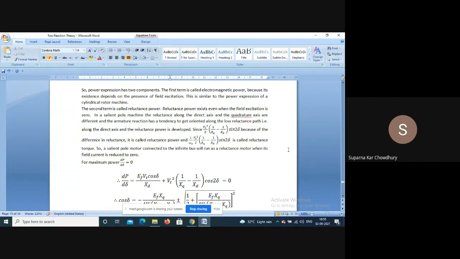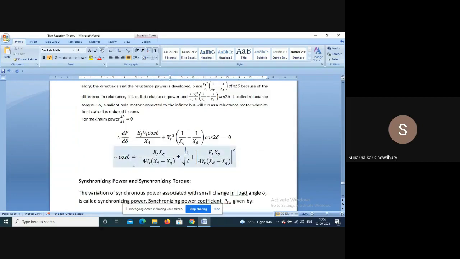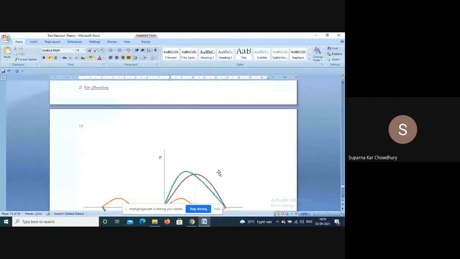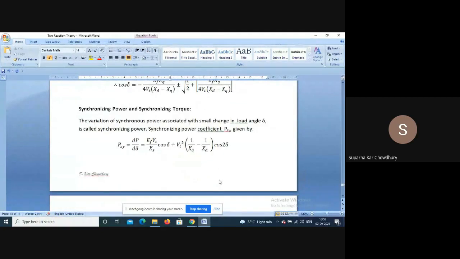Now for maximum power, dP by d delta is 0. So differentiating with respect to delta, we get the cos delta value like this. Corresponding to this value of delta, we will get the maximum power.